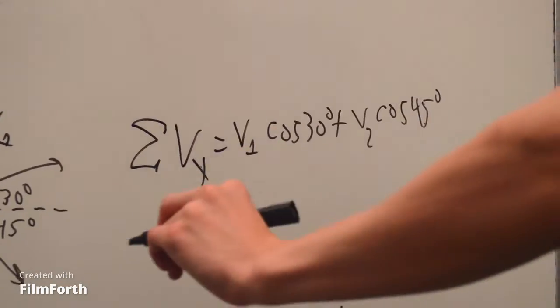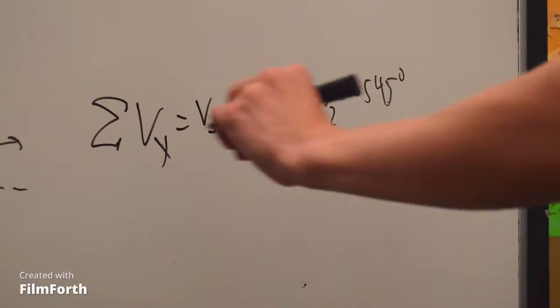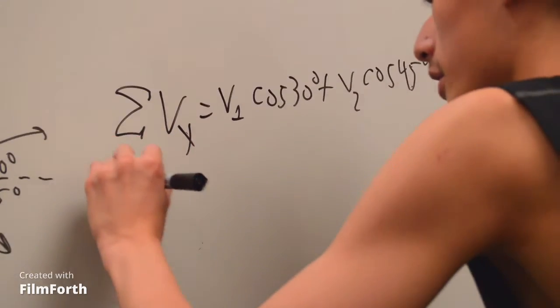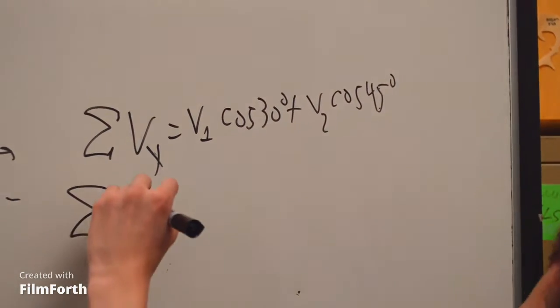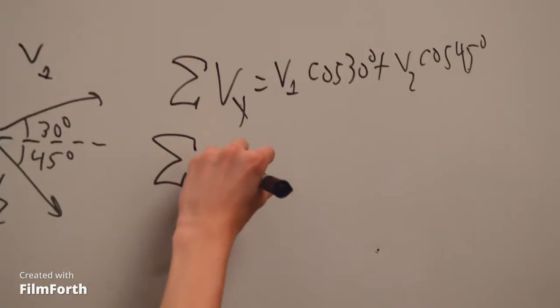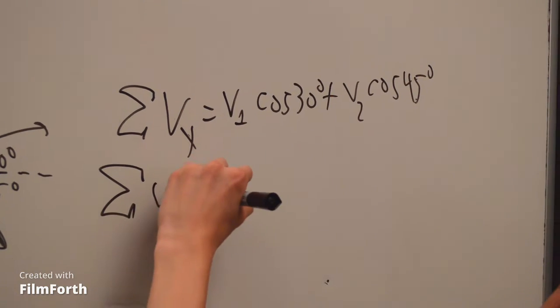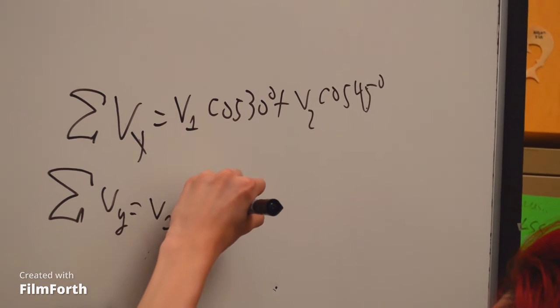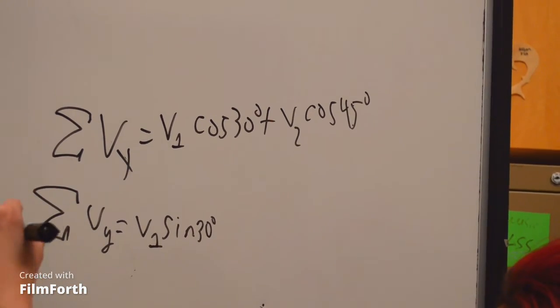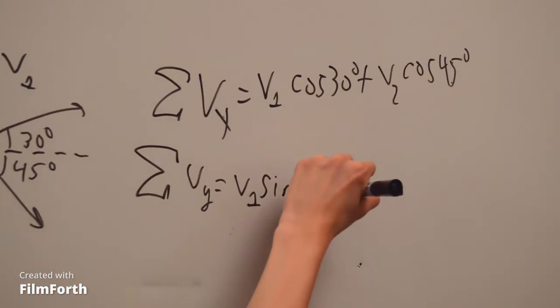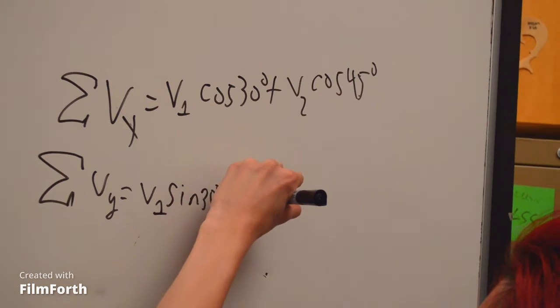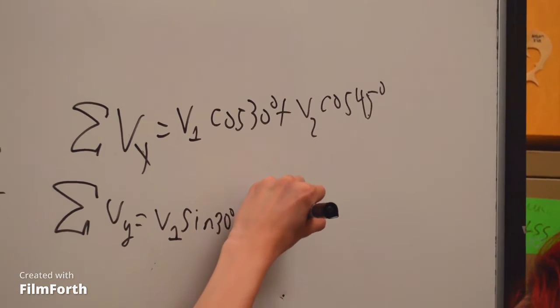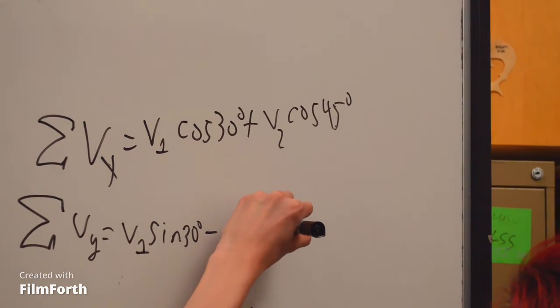So that's the sum of our horizontal component for velocity. Now let's talk about the vertical component. Vertical component v sub y equals v1 sine 30 degrees, where sine 30 degrees is 1 over 2, plus the negative, or to make it simpler, subtracted by v2 sine 45 degrees.